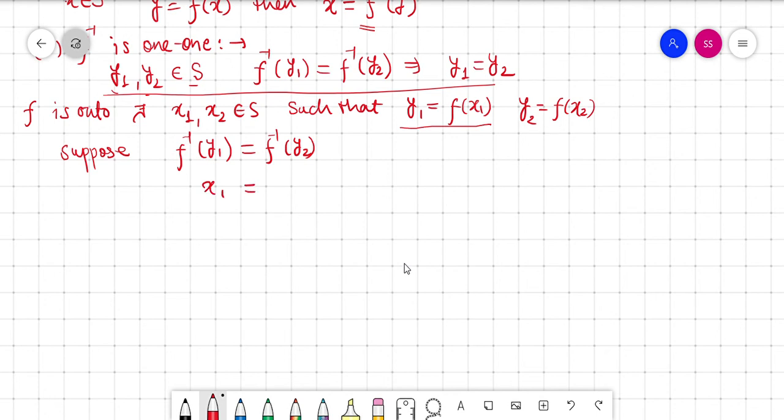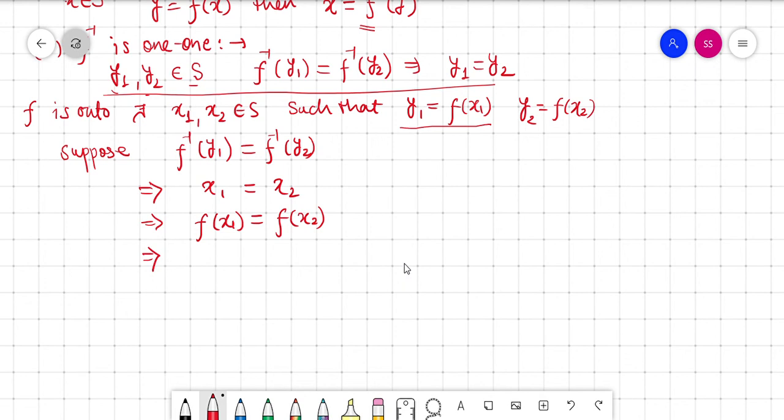Similarly, y2 is equal to f of x2. So f inverse y2 must be equal to x2. Now apply mapping f on both sides because x1 and x2 are equal. Therefore, their images must be equal. This property comes from the well-definedness of f.